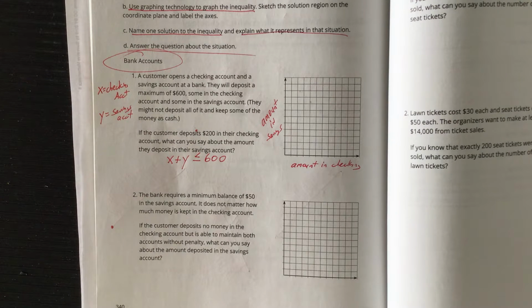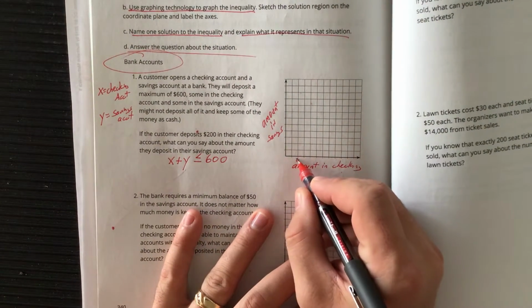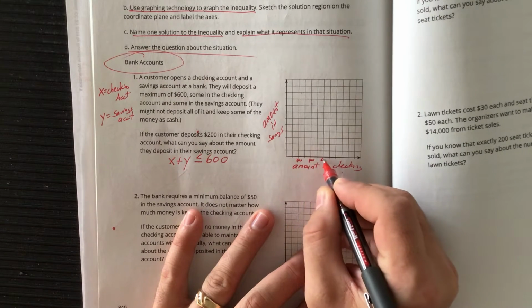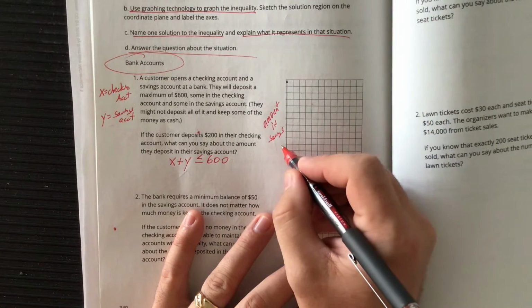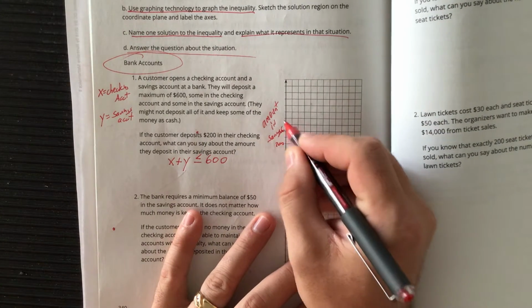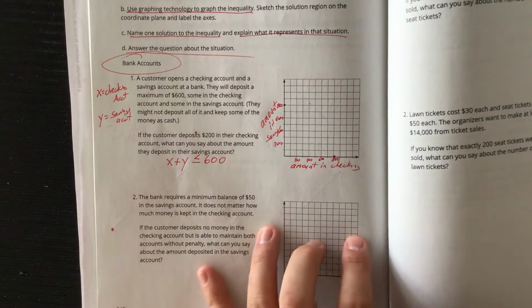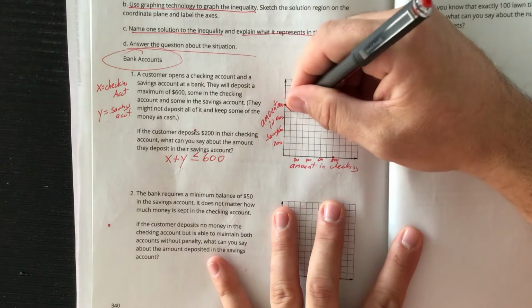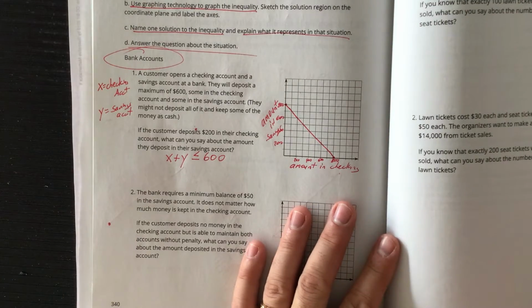Y is amount in savings. I'd probably go by hundreds: 100, 200, 400, 600, 800, I know it's going to that point. Do the same the other way, 200, 400, 600, 800. Solid line. Above it or below it? Below.